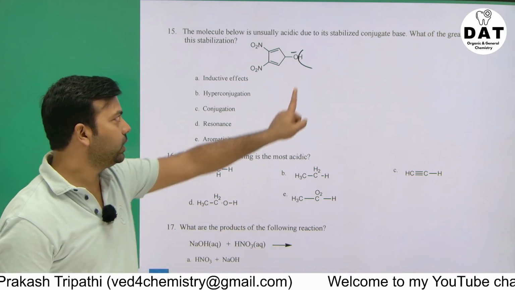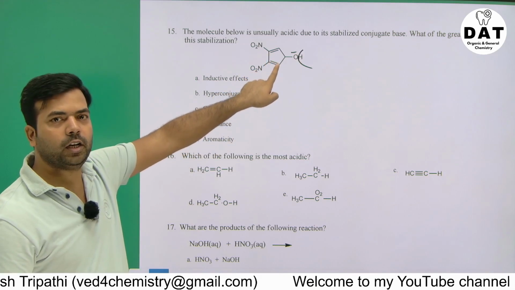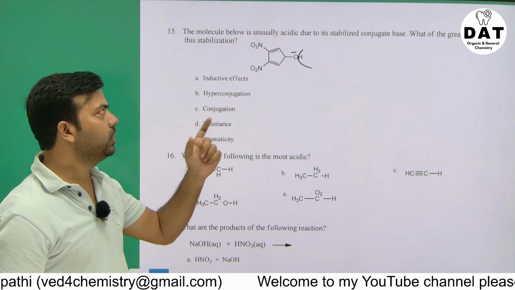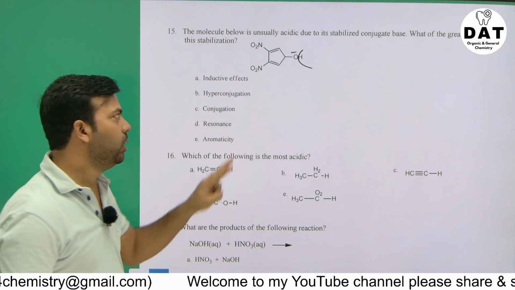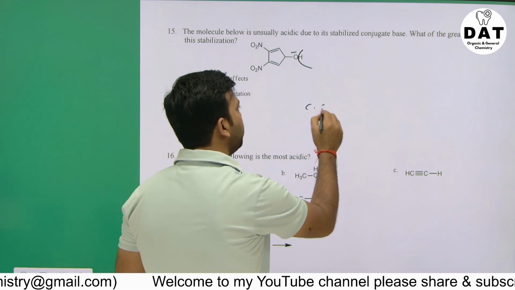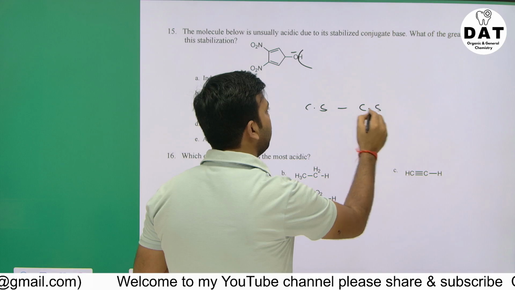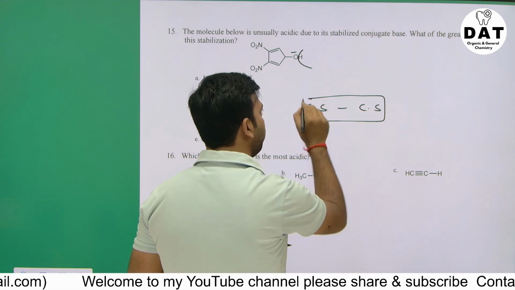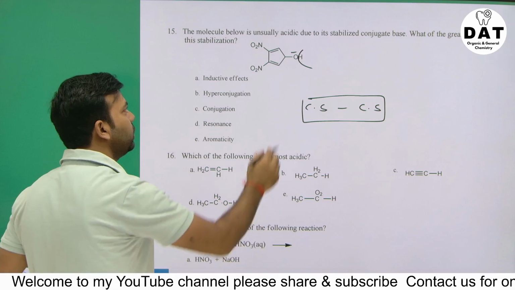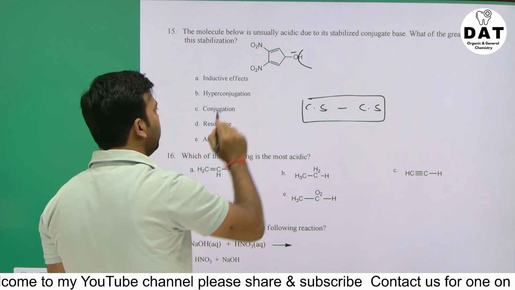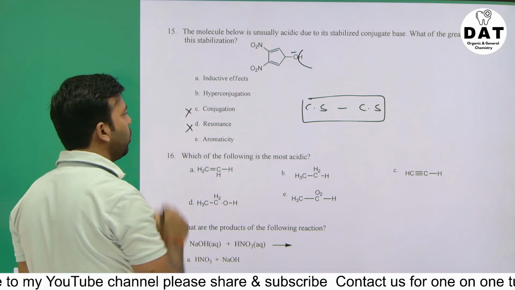But you can see this negative is not in resonance with the double bond, because between negative and double bond there is more than one single bond. So when conjugate species is separated by just one single bond, then we can say resonance. But when more than one single bond, that is not conjugation or resonance. So this negative is not in resonance. So C and D is wrong.